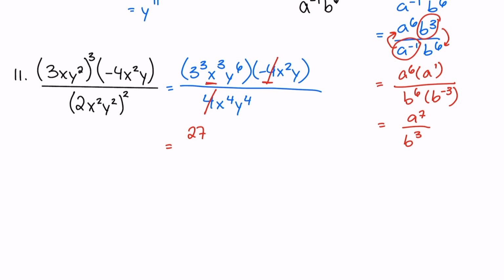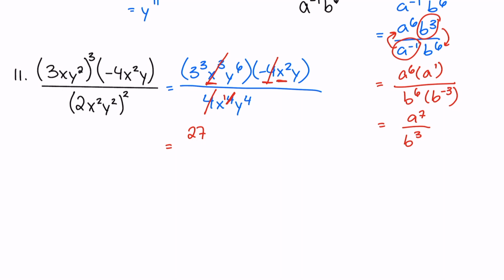This is the same thing as x times x times x. And this is the same thing as x times x times x times x. So 3 of these x's would cancel out with 3 of these x's, leaving us with 1 x at the bottom. So this allows us to cancel out this x cubed at the top and rewrite this as just x, or x to the 1 at the bottom.